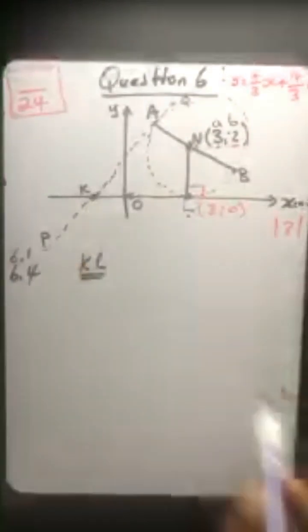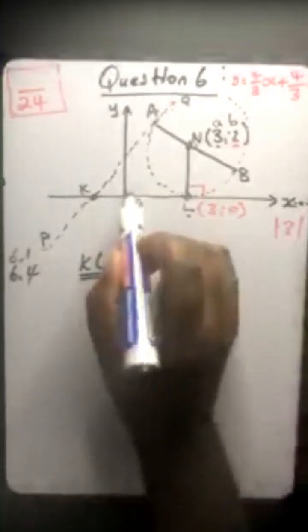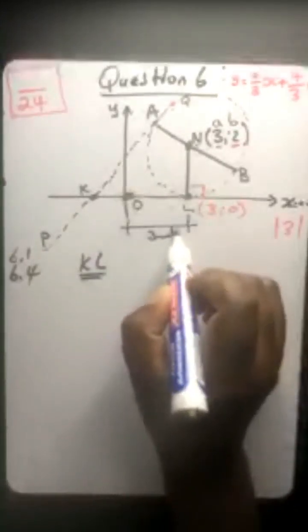Where is K, where is L? There is L and there is K. Because the distance lies on the x-axis, I might not need to stress that much.